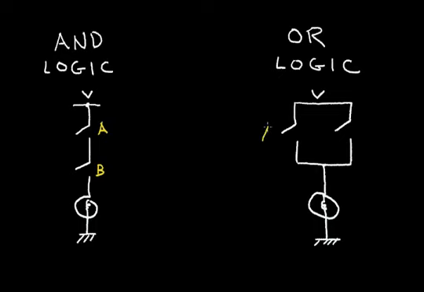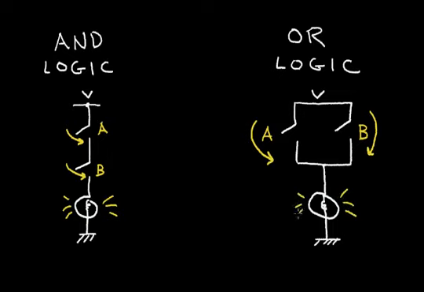Let's call this switch A and switch B. So AND logic means that I have to close this switch and this switch for the bulb to light up. Now, OR logic means that I can close this switch or this switch and have the bulb light up.